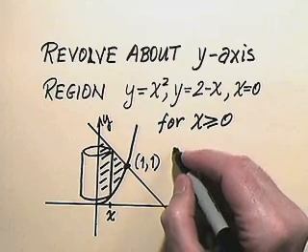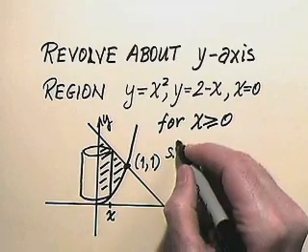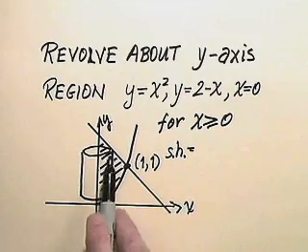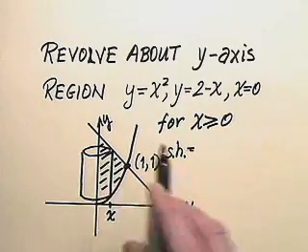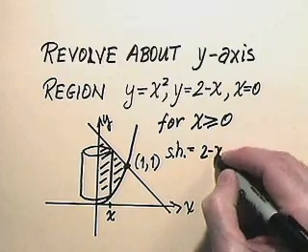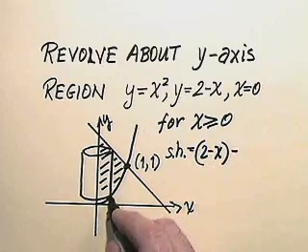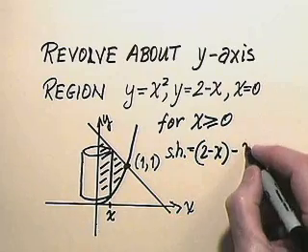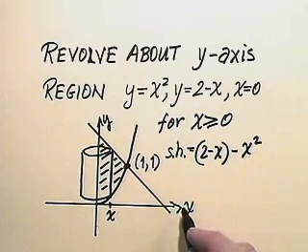In other words, the shell height, which we abbreviate SH, is equal to 2 minus x minus the y value here, which is along the parabola, x squared. So that's our shell height.